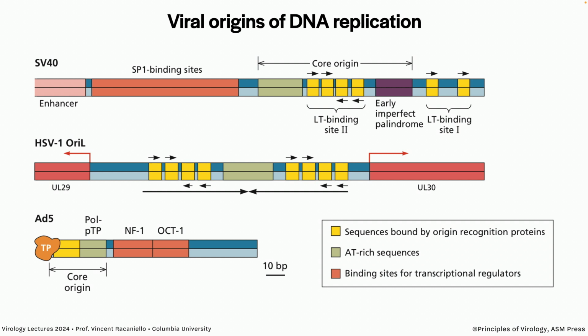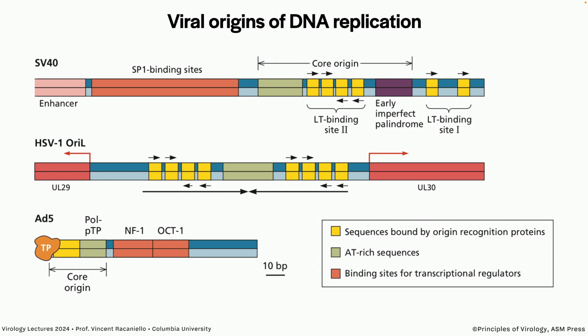We have SV40, we have one of the herpes origins, and also one of the end origins for adenovirus is also bound by the origin recognition protein. Then we have AT-rich sequences, which makes it easy to denature. These are the kind of greenish sequences you can see in all the origins. And interestingly, these origins of replication typically overlap with transcriptional regulation sites.